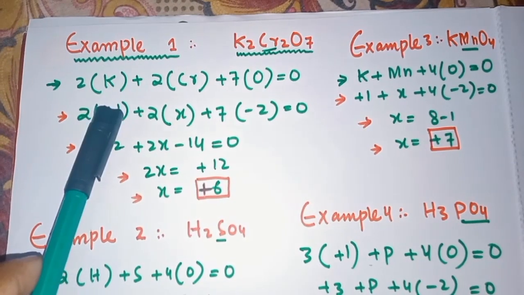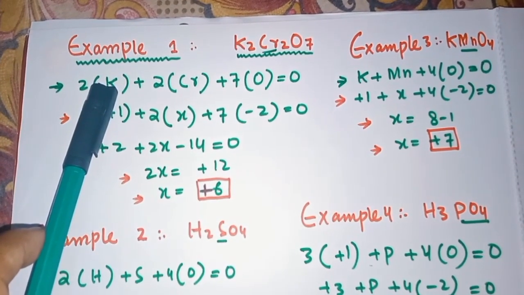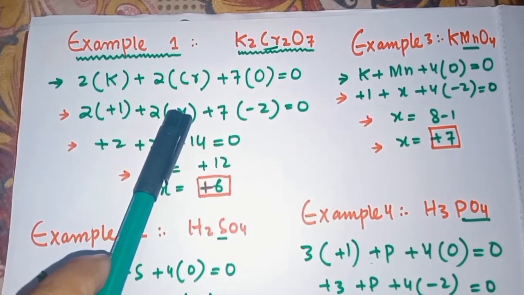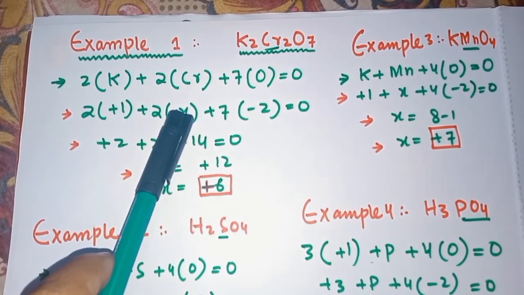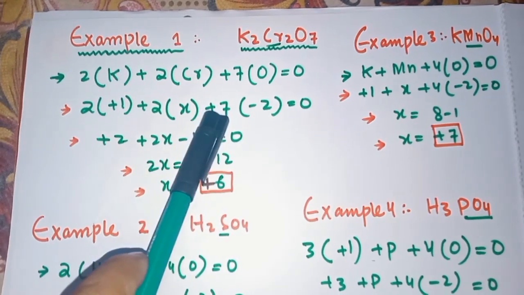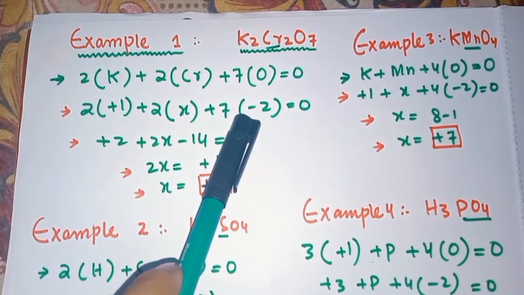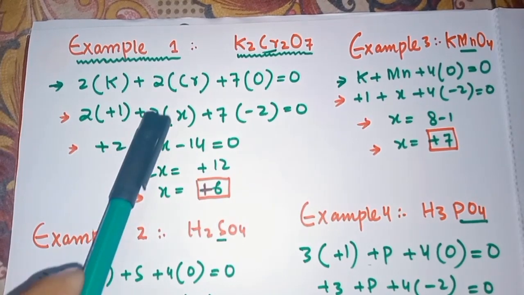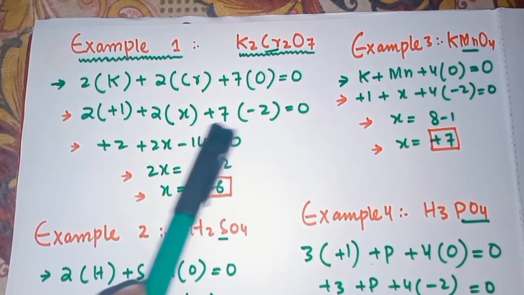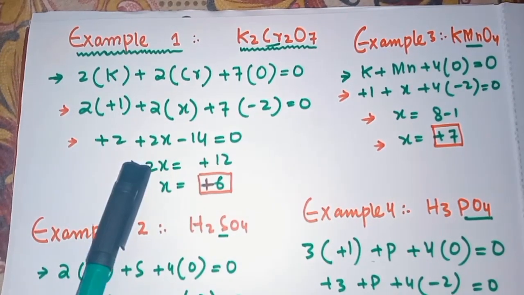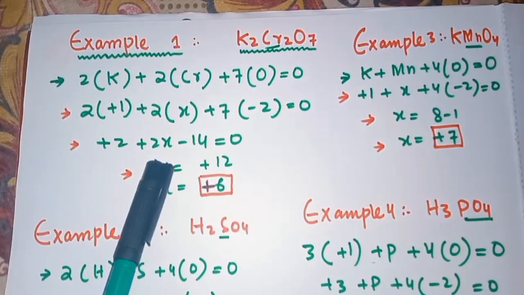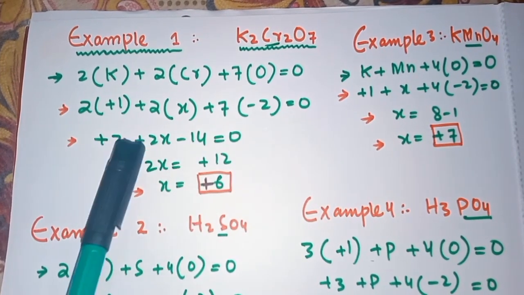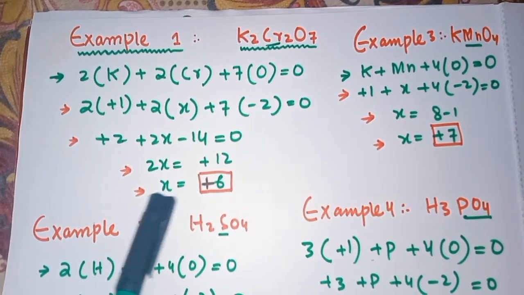So 2(+1), because an alkali atom has oxidation number +1, plus 2X, where we suppose X for chromium, plus 7(-2), as you all know the oxidation number of oxygen is -2, equals 0. So 2 + 2X - 14 = 0, 2X = 12, so X = +6.